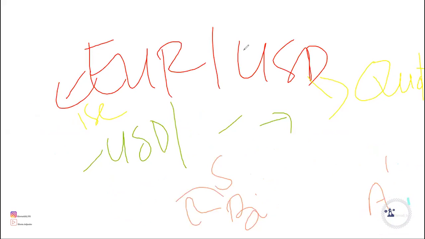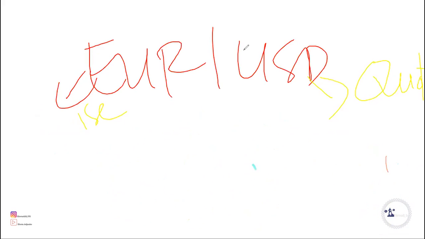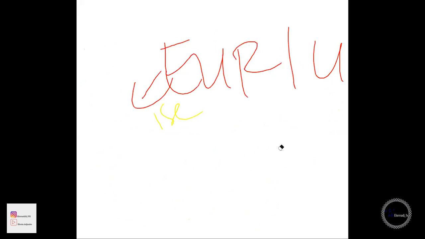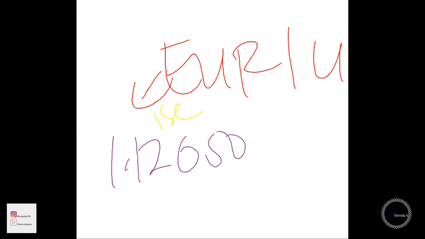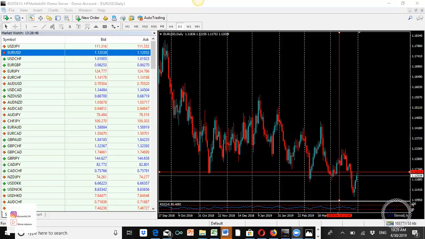So let's go back to EUR/USD. The EUR/USD price currently is 1.120 for the bid price and 1.20146 for the ask price.